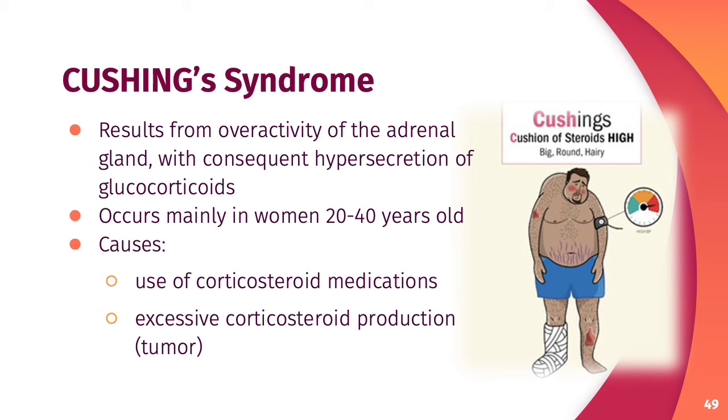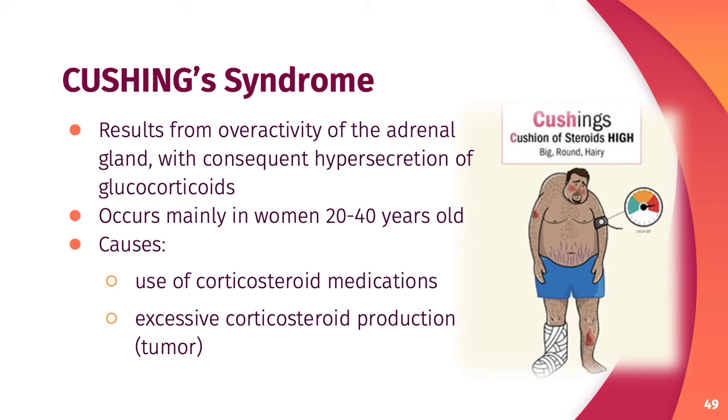So one of the conditions or diseases for hyperfunction is Cushing syndrome. This results from overactivity of the adrenal gland, specifically in the cortex, with subsequent hypersecretion of glucocorticoids. It occurs mainly in women 20 to 40 years old.